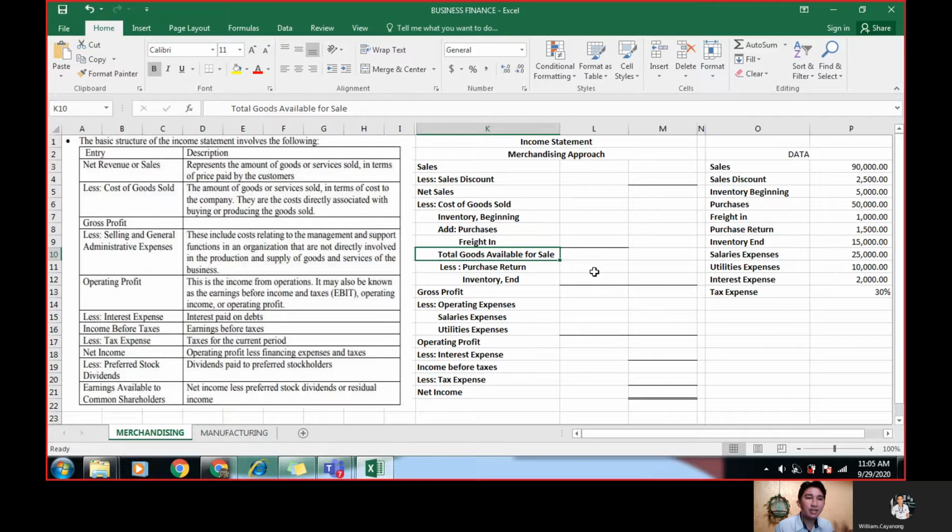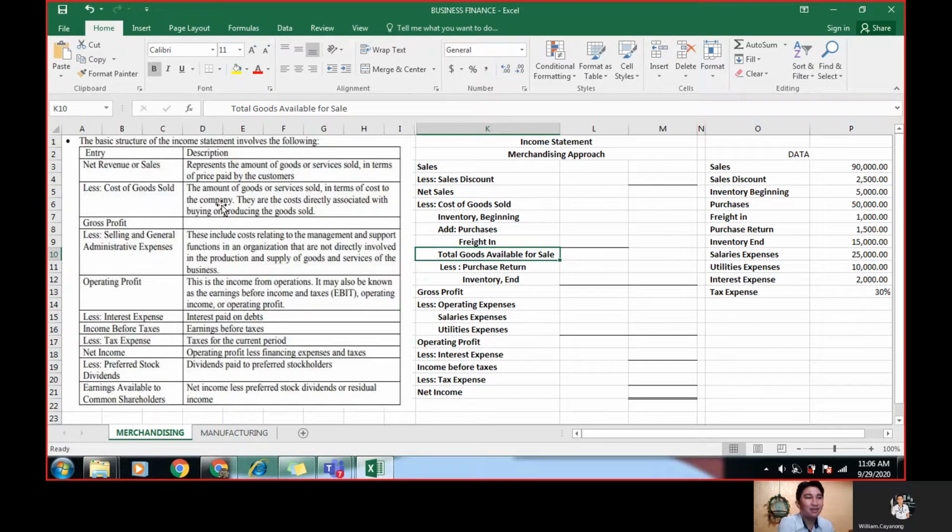So we have to deduct that from our total goods available for sale. Then, ending inventory. We have to deduct inventory that was left unsold at the end of the period. So para makuha talaga natin kung ilang items ba yung nabenta natin, which is the cost of goods sold.